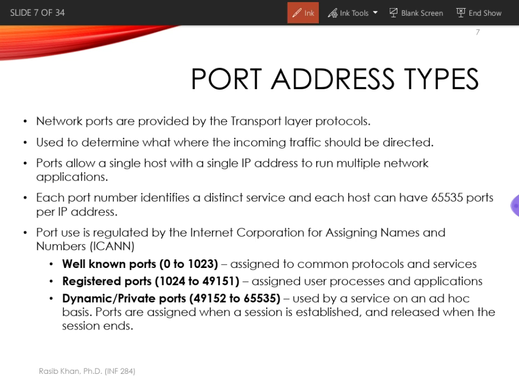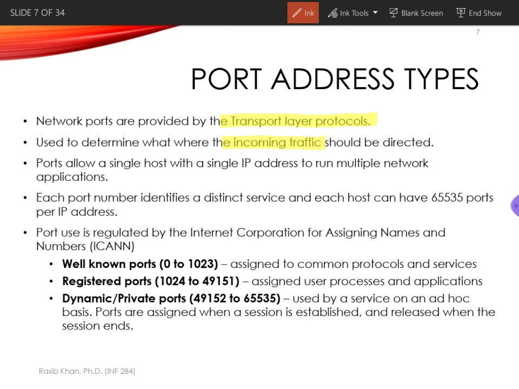So port addresses are provided by transport layer protocols, and they are managed by the operating system. The operating system determines what and where the traffic should be directed, that is, which application should receive a given piece of data as it receives the data from the network interface.